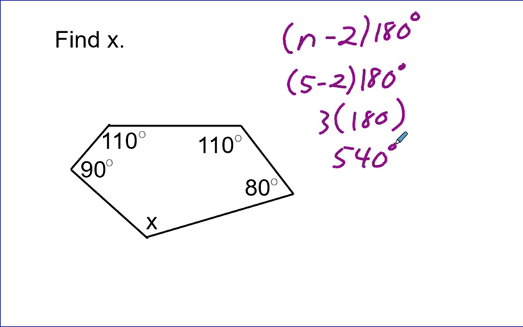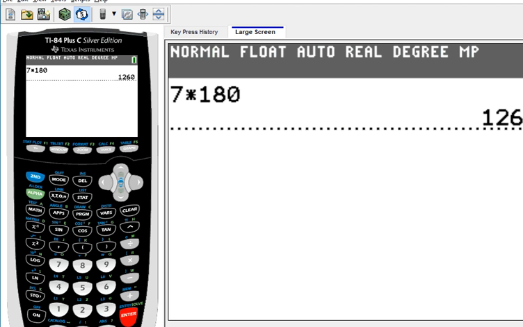From that, we're going to subtract the sum of the 4 angles that we know. So we're going to subtract 110 plus 110 plus 90 plus 80. When we subtract all of that, I'll pull up the calculator again. I'll have 540 minus, and I'm just going to add those up inside parentheses.